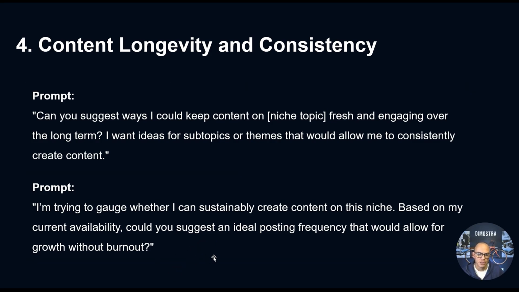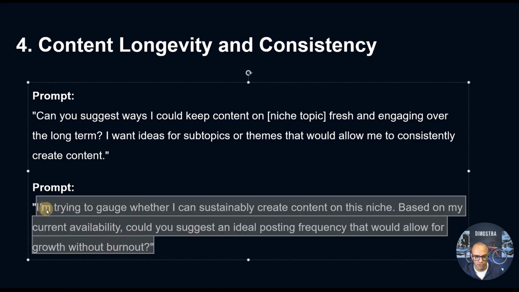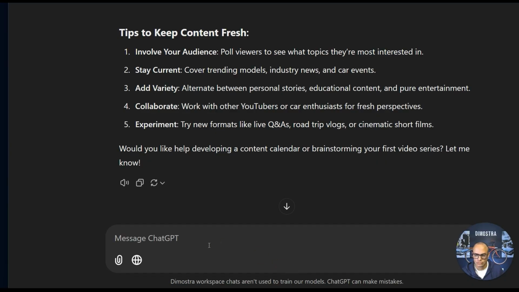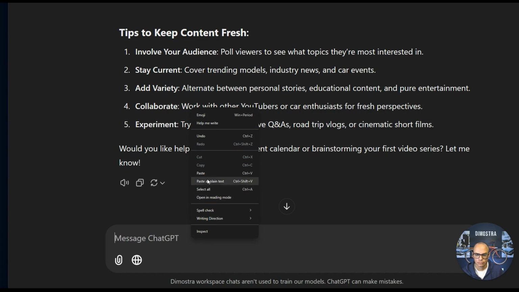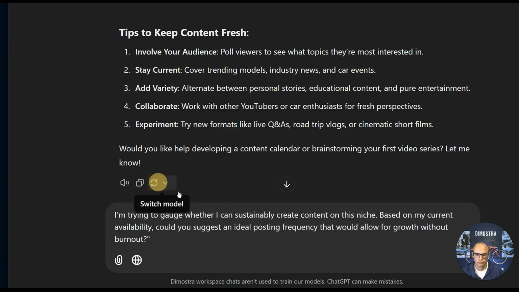I'm trying to gauge whether I can sustainably create content in this niche. Based on my current availability, could you suggest an ideal posting frequency that would allow for growth without burnout? All right. Okay, now we have to modify this prompt a little bit here.